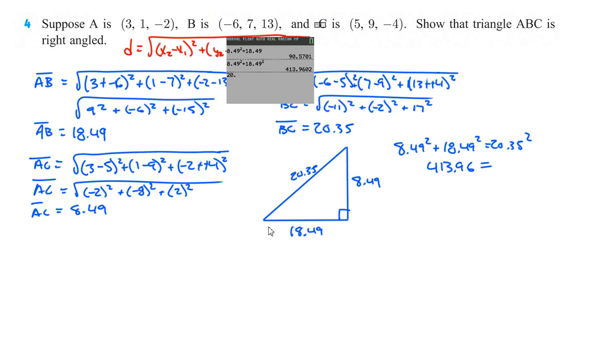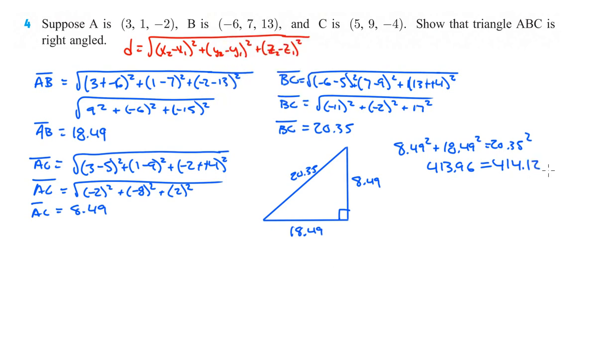Let's check. 20.35 squared gives us 414.1. Let's see, 0.12 if we're going to the nearest hundredth like we've been with the rest. So that's pretty darn close. So I'm feeling pretty good that that is accurate. Again, just because we rounded those off, it's going to be off a little bit.